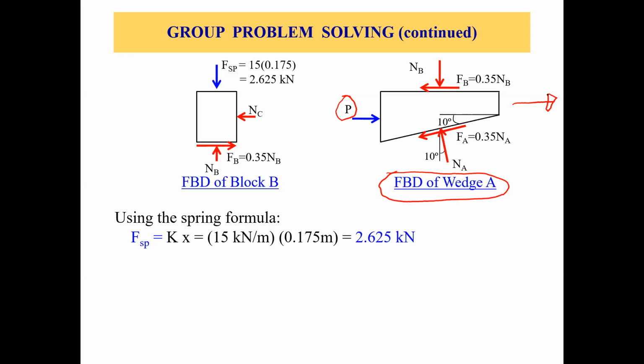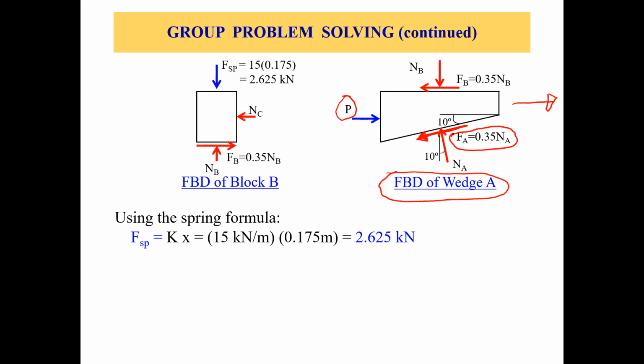This is the friction force at the bottom of wedge A, between the bottom surface of wedge A and the ground surface. Let's call it F sub A, which equals 0.35, the coefficient of static friction, times N sub A, the normal force.